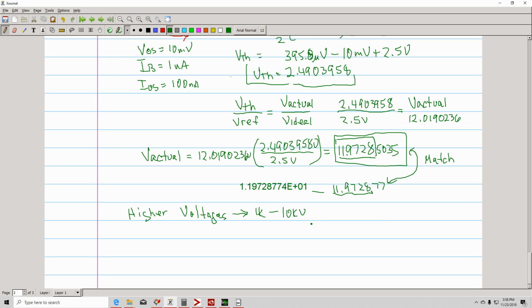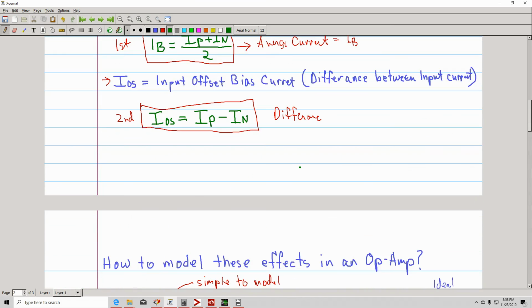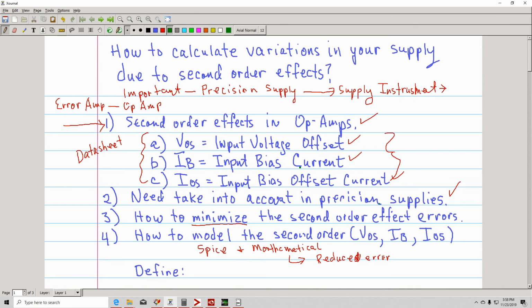That way you can keep the errors due to the second order effects down to a minimum. Anyway, I think that's enough of this. It's a very important skill to be able to do this.